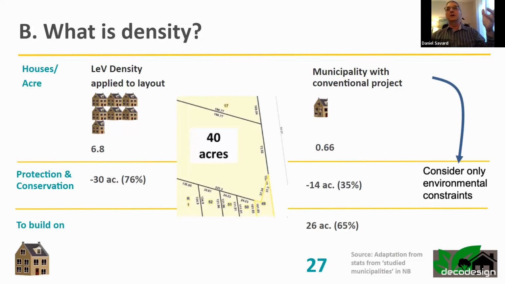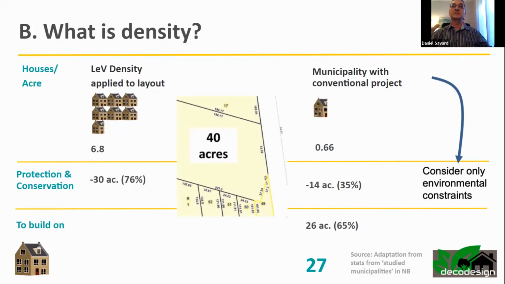When you took the environmental constraints, floodplains, wetlands, and all that type of land, and you added the biologically, culturally or historically important features, it represents about 76% of that property.